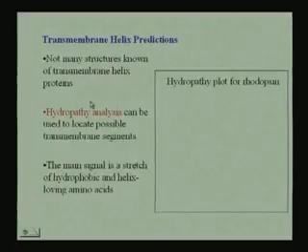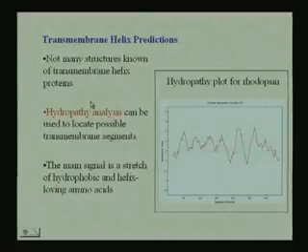This is the hydropathy plot for rhodopsin, the one that I showed you on top, the structure. So, what can I say? All these positive parts, see, this is residue number 50, 100, 150, 200, 250, 300. So, these are stretches that are larger than 20 amino acid residues.